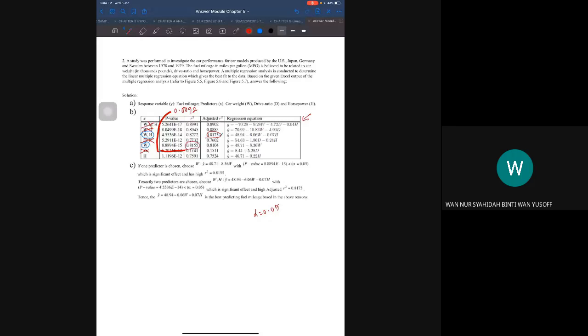WH is slightly higher than W. So WH is the best model.